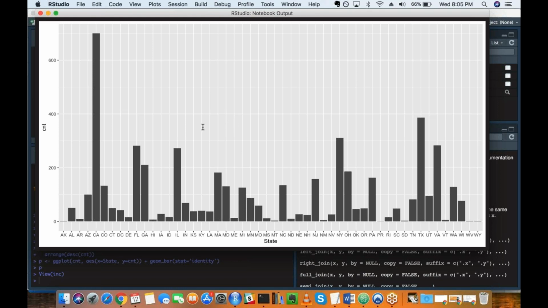So here you're getting a lot of information. You could pretty easily see what state has the most companies, but there's a bit more work that needs to be done here. So first of all, this isn't taking into account the orientation of the screen.